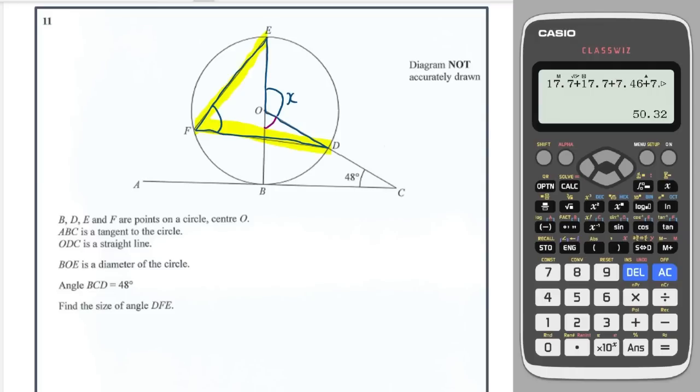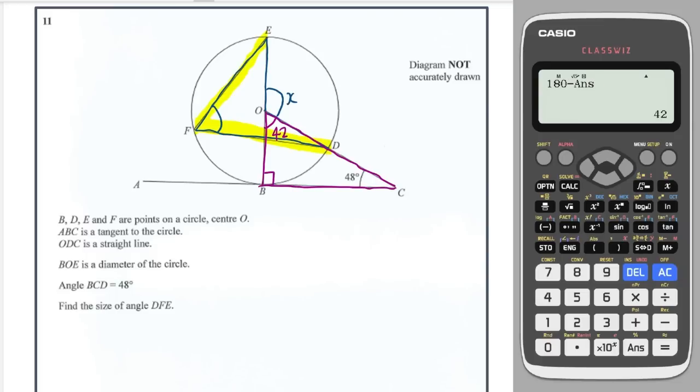And that makes a straight line with this purple angle here. And I know this is a right angle, because a tangent and a radius meet at 90 degrees. So I can look at this purple triangle. In this purple triangle we have 90 and we have 48, which means we are missing one angle which must be 42.